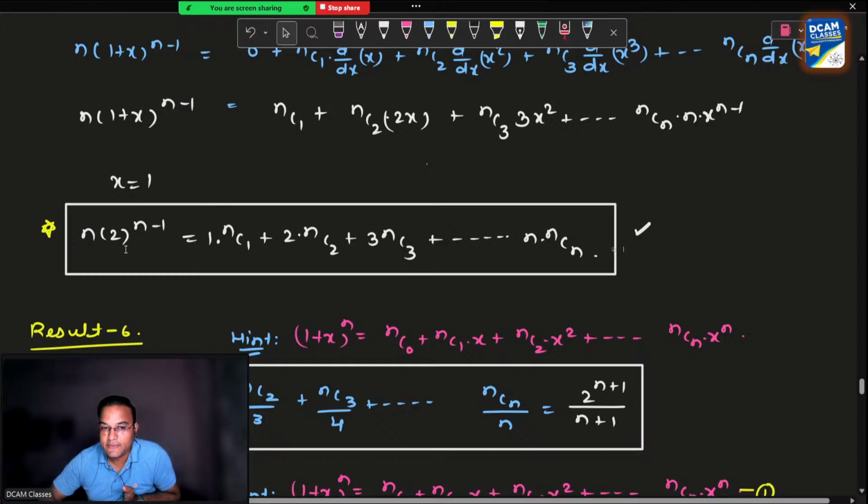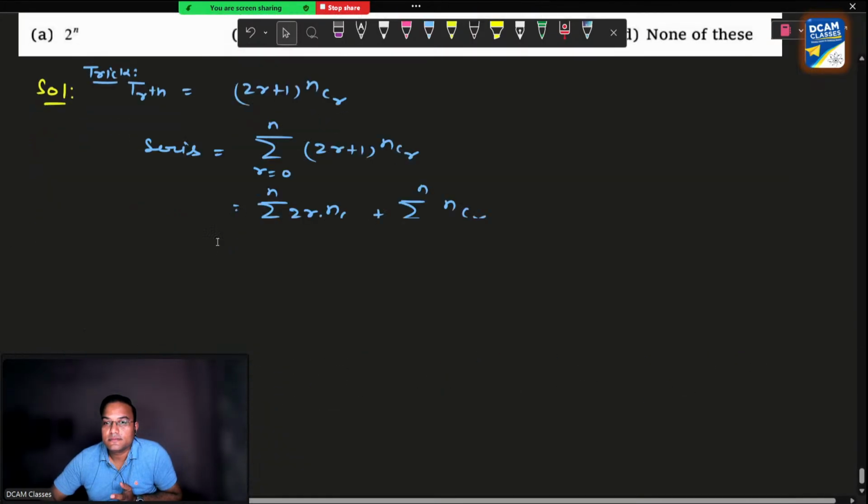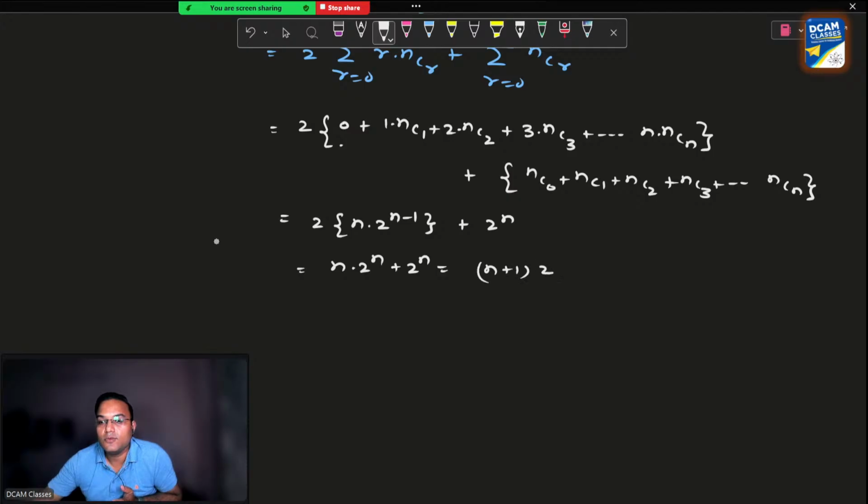Wait, let me check. This is n into 2 power n minus 1. So 2 into n into 2 power n minus 1 plus 2 power n. So it will be n into 2 power n plus 2 power n. So n plus 1 into 2 power n you should get.